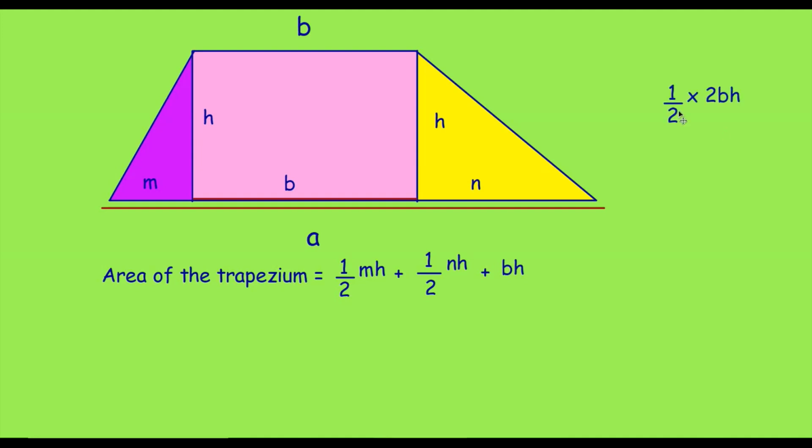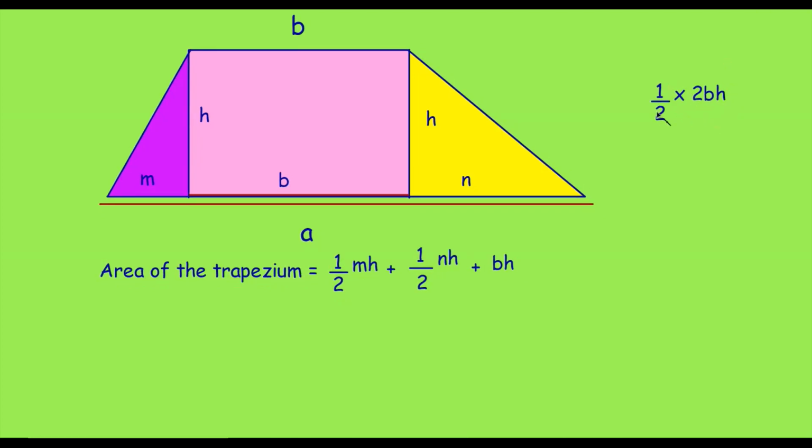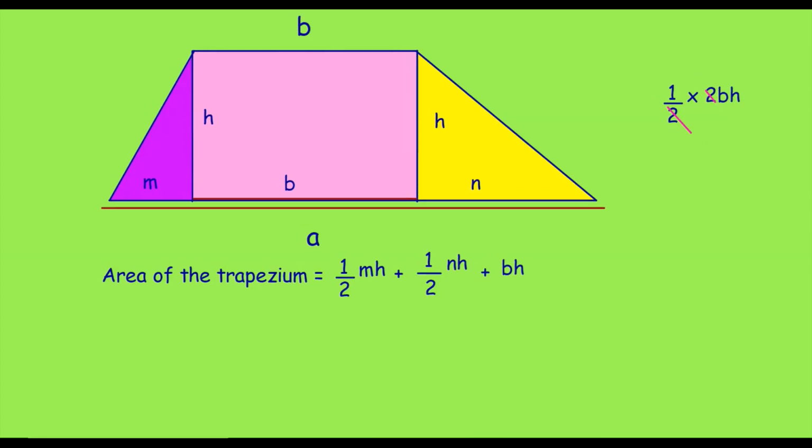Now what is half into 2bh? The 2 will be cancelled, so you will get half into 1 into bh, that is bh. So this bh we can write as half into 2 into bh, so that we can take half as common.